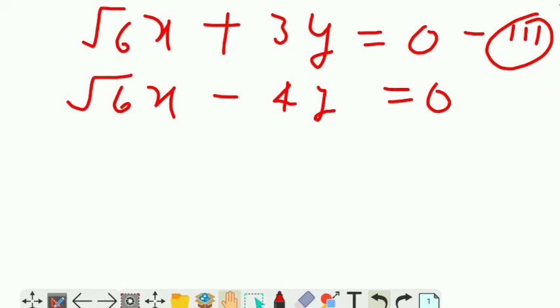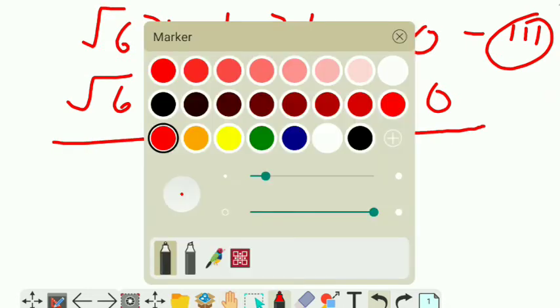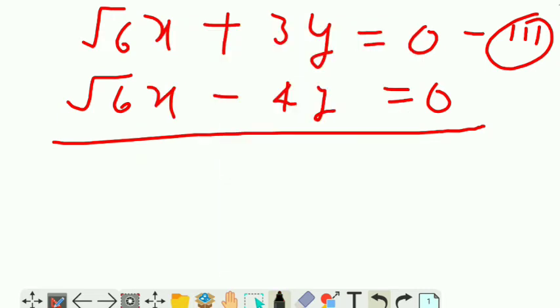Now we will solve these equations. Root 6x here, root 6x here, so they can cancel, but if we add here, they will not cancel because in addition they will be plus, so we are going to subtract here. When we subtract, the signs are changed, so plus becomes minus, minus becomes plus.